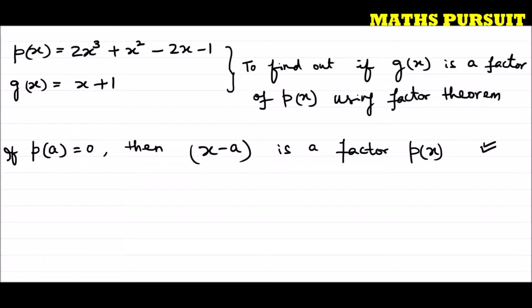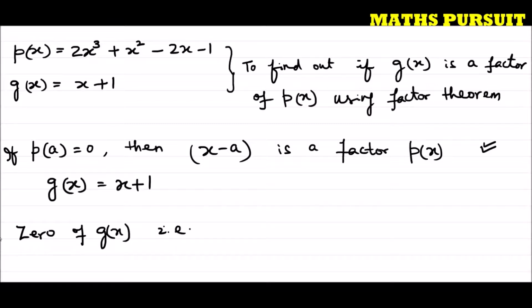Now the question has given us g(x) = x + 1. Let us find the zero of g(x), that means when x + 1 is equal to 0, we can write x is equal to minus 1.